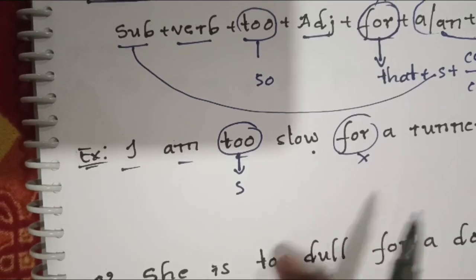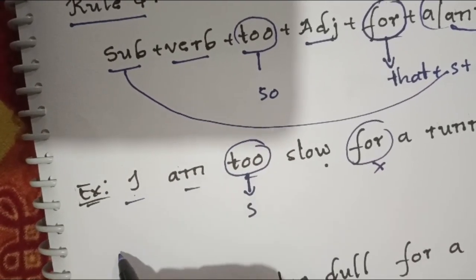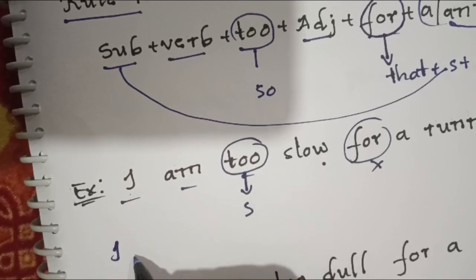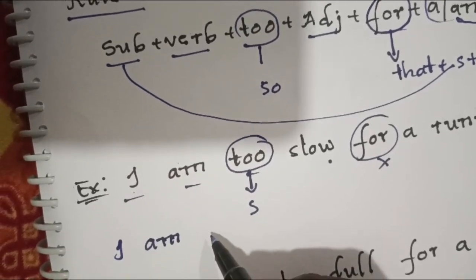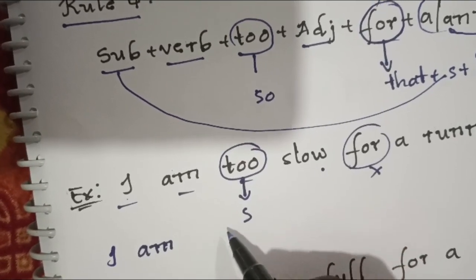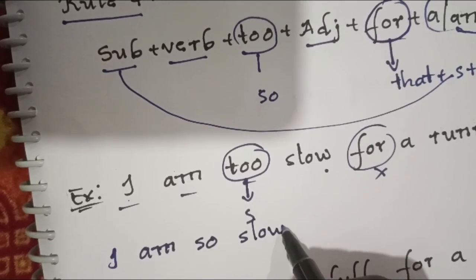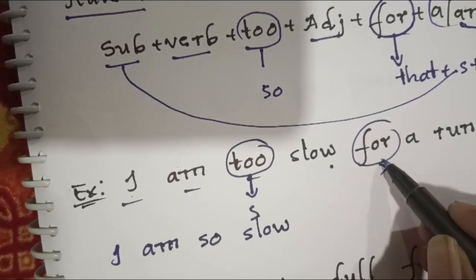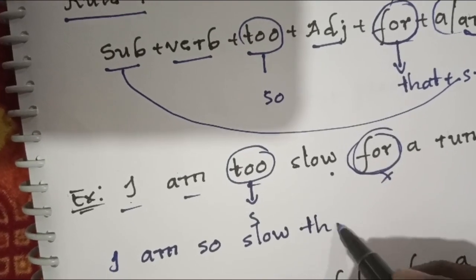In place of 'for' we have to use 'that'. So the subject is I, and the helping verb is am. I am so slow. We remove the 'for' and we use 'that'.